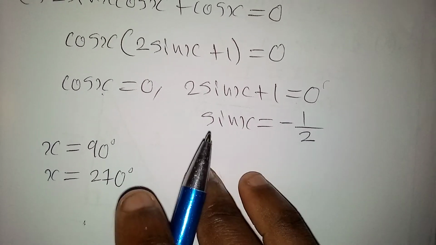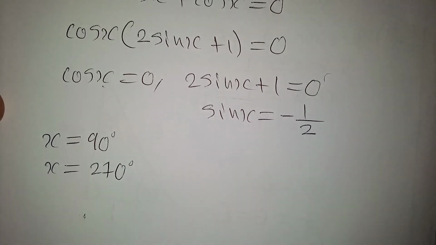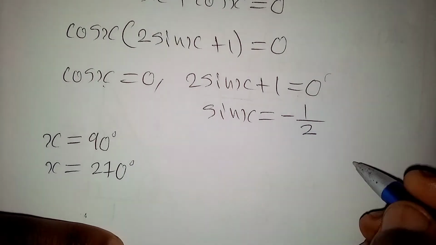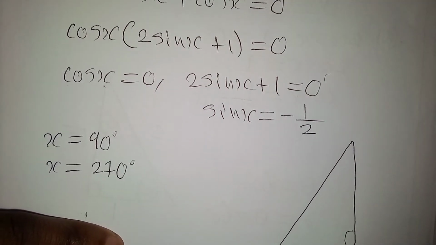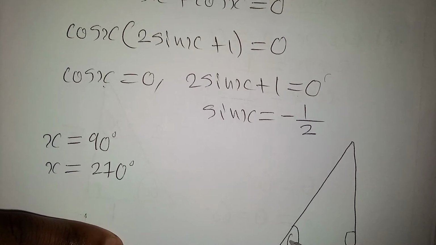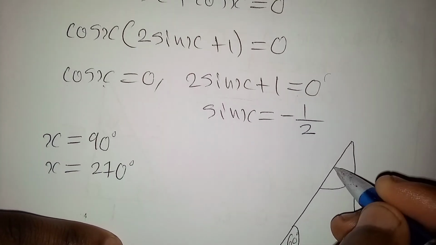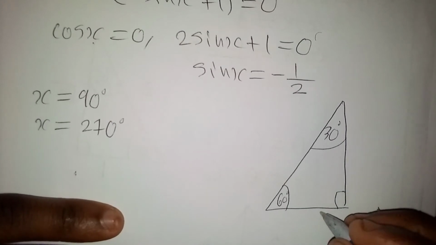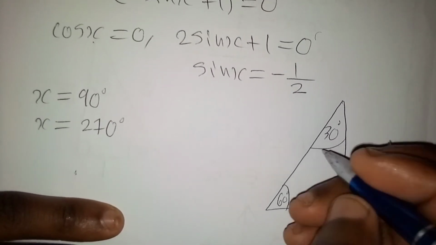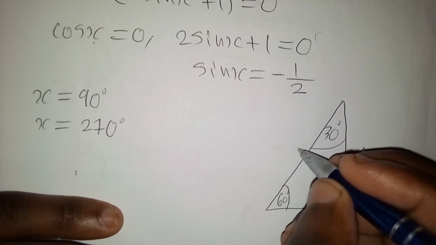Then on this side, we have sine equal to negative 1 over 2. What's the possible angle? Is it 30 degrees or 60 degrees? This is 60 degrees, this is 30. So we have 1 here, root of 3 here, and 2 here.